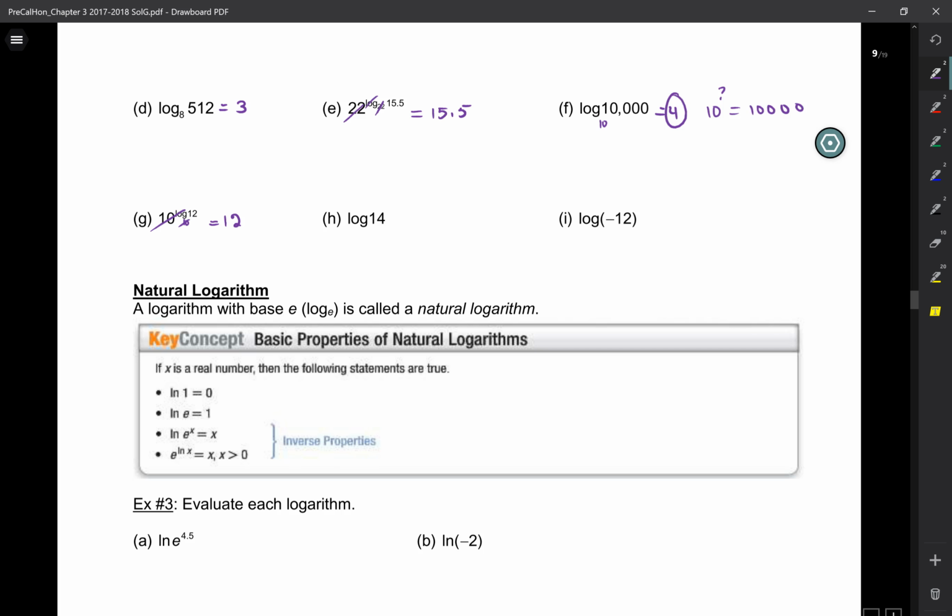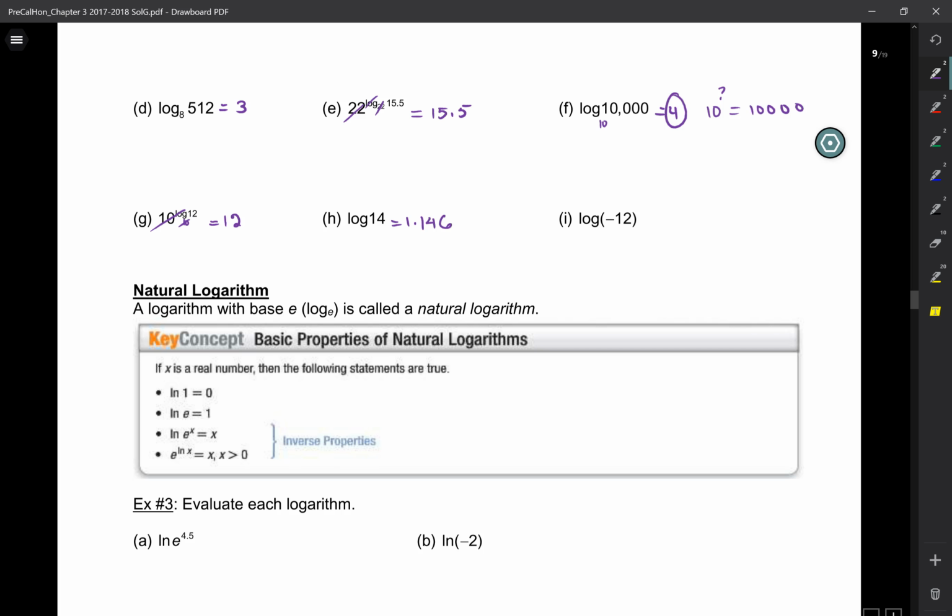Okay, so the next one, log 14, there is no common base there. So you are going to have to plug that into your calculator. Because you can't do, mentally, 10 to the power of what gives you 14. So just press log 14. 3 decimal places. 1 point.